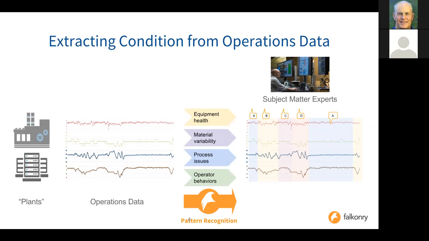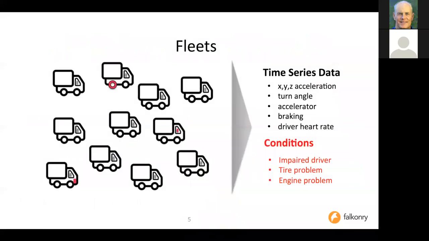Just to make this a little bit more concrete, there's lots and lots of different cases where there's some form of signal data and some condition that might be revealed by that data. So if we looked at a fleet of trucks and we're measuring acceleration, turn angles, various inputs to the engine, we may be able to determine things like the state of the vehicle or the state of the driver.